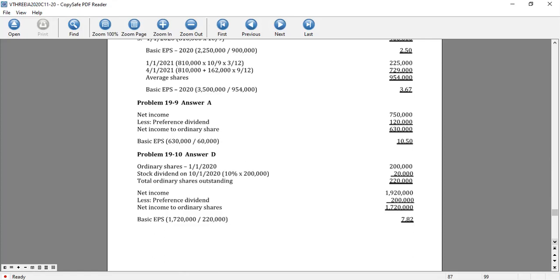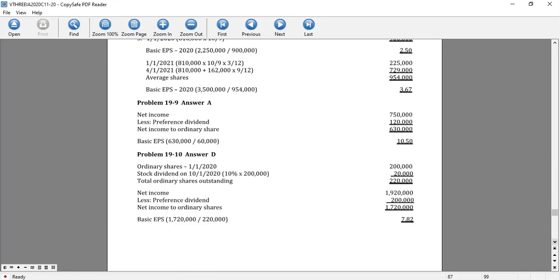Our net income is 1,920,000 less the preference dividend of 200,000 as given in the problem.